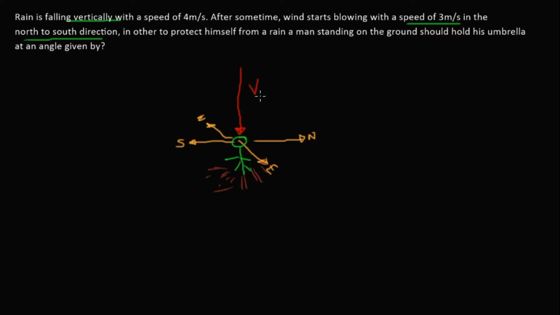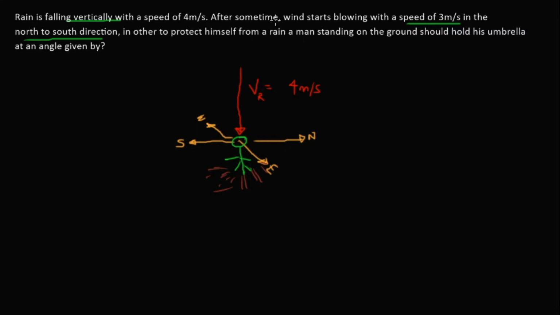So the velocity of the rain is minus 4 meters per second, since it is along the negative y-axis, although the magnitude is 4. Let me just neglect that for now, but when we get to the calculation, the velocity of the rain is 4 meters per second and is along the negative y-axis.